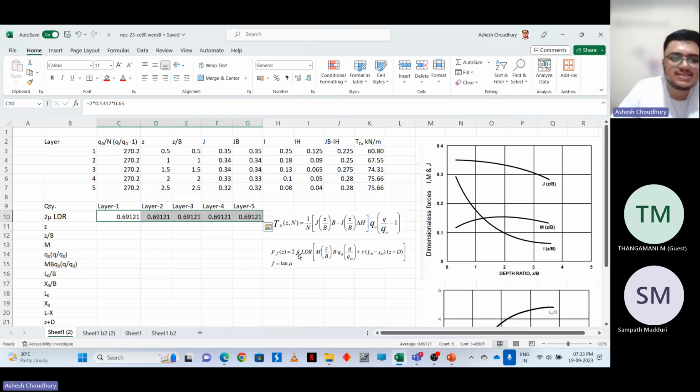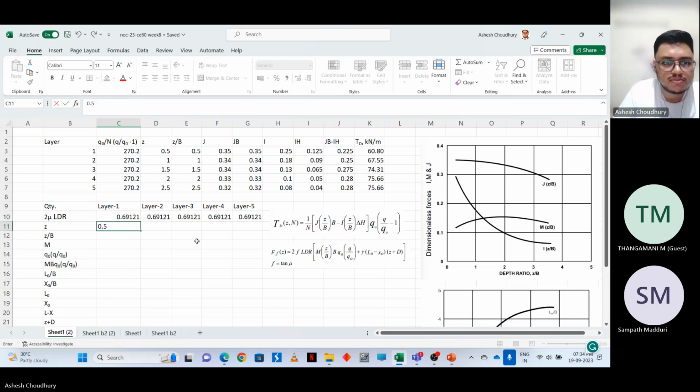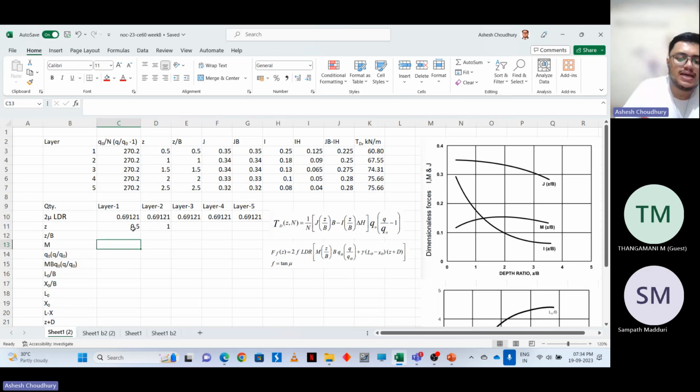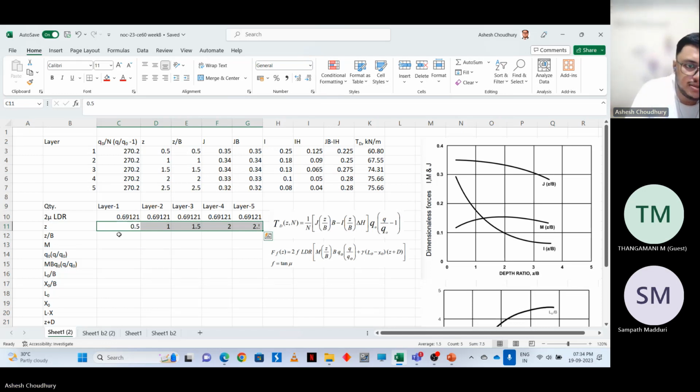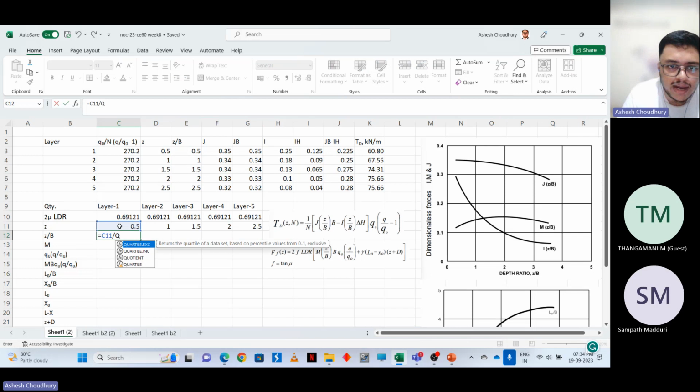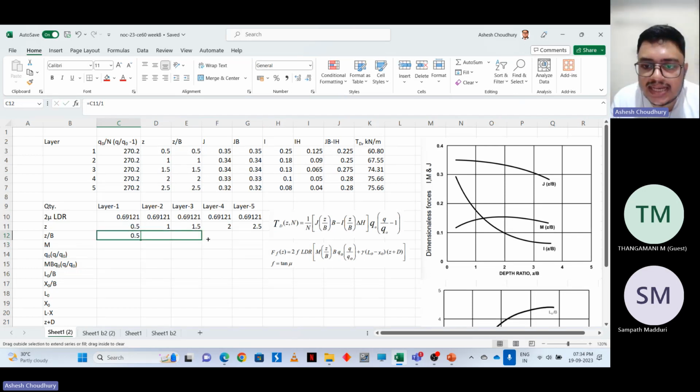And next is Z. Z is again the same: 0.5, 1, 1.5, like that up to 2.5. Then we have Z by B. Now again, for these different Z by B's, we need to get this M value from here.